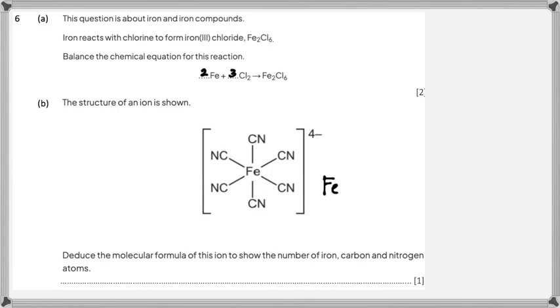How many carbons do we have here? 1, 2, 3, 4, 5, 6. So we have C6, and 6 nitrogen as well. There's a charge of 4 negative, so we write 4 minus.